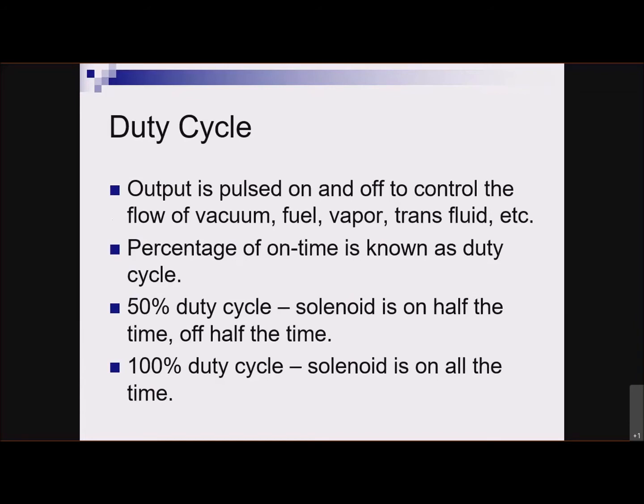We don't just want to turn it on and have 100% flow through it. How could we do that? One way would be to try to open that solenoid halfway, and that's just not really practical to do. So instead, it's open half the time. It opens, it closes, it opens, it closes. It spends 50% of its time open and 50% of its time closed.